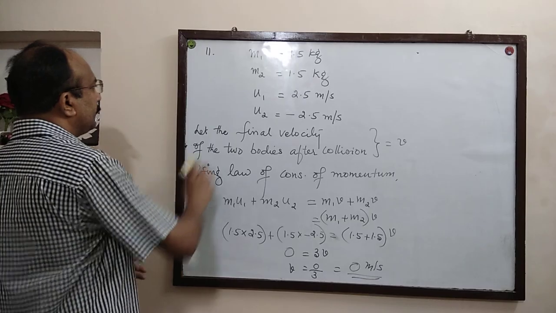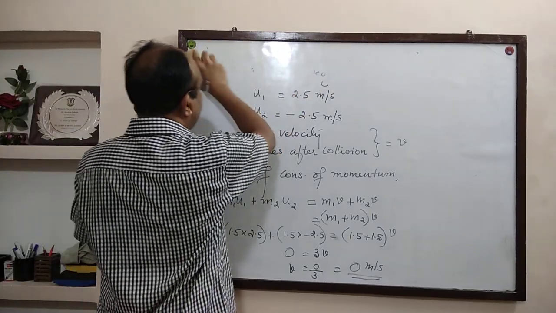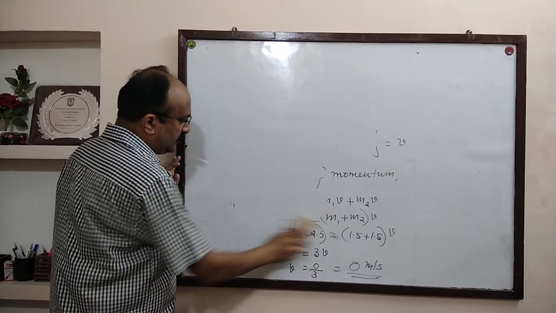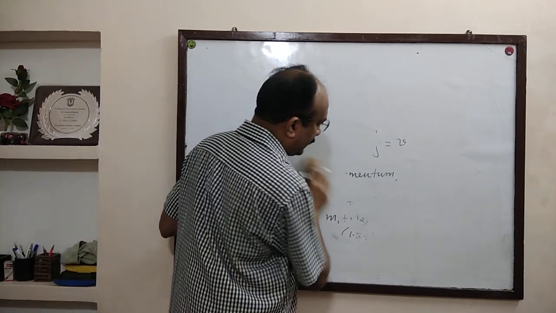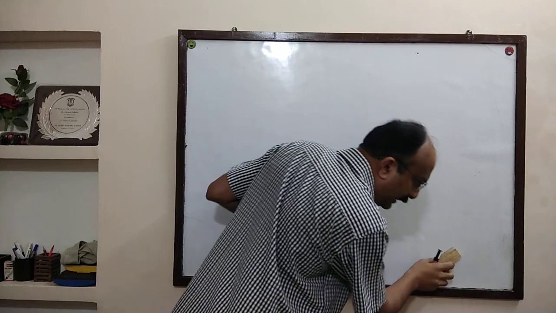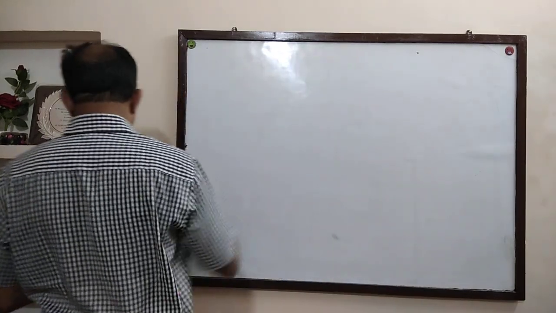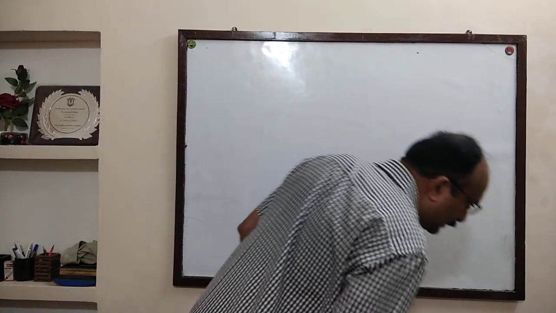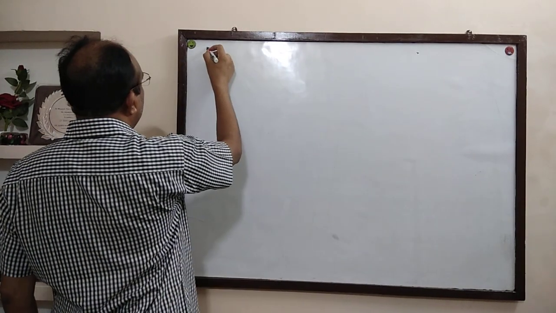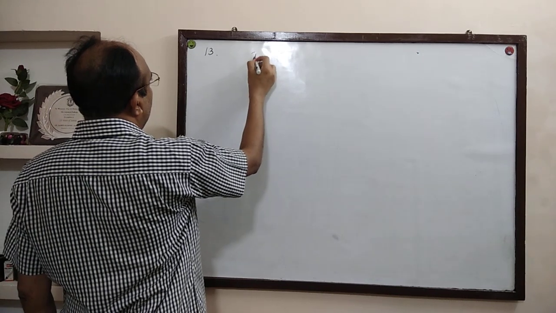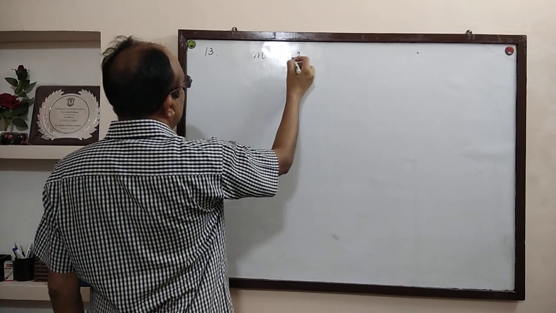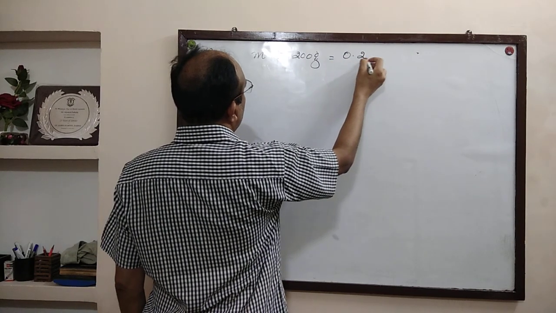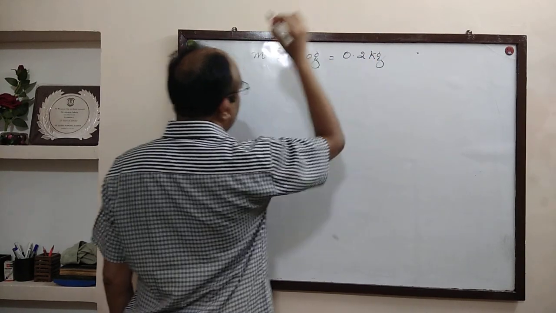So here, what is the mass of the ball? Mass of the ball is given 200 gram. So this is question number 30. Mass of the hockey ball is 200 gram, which is equal to 0.2 kg.